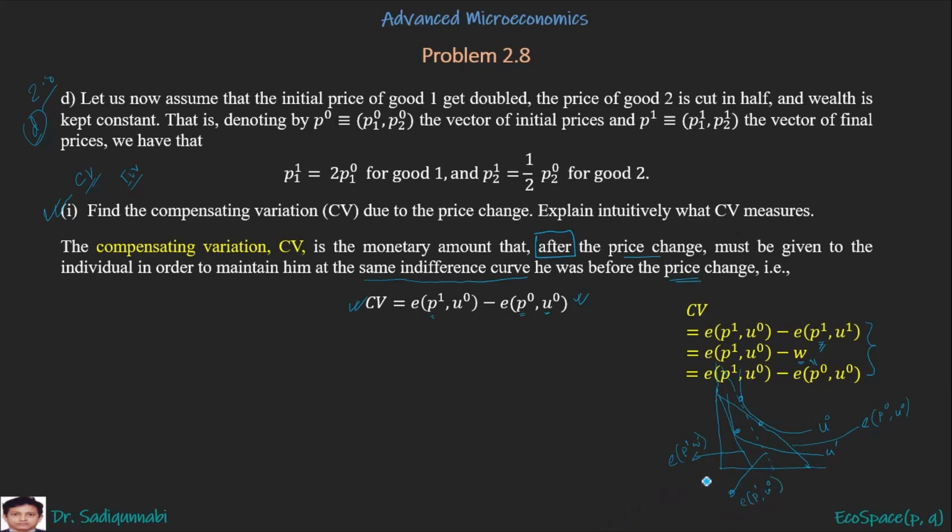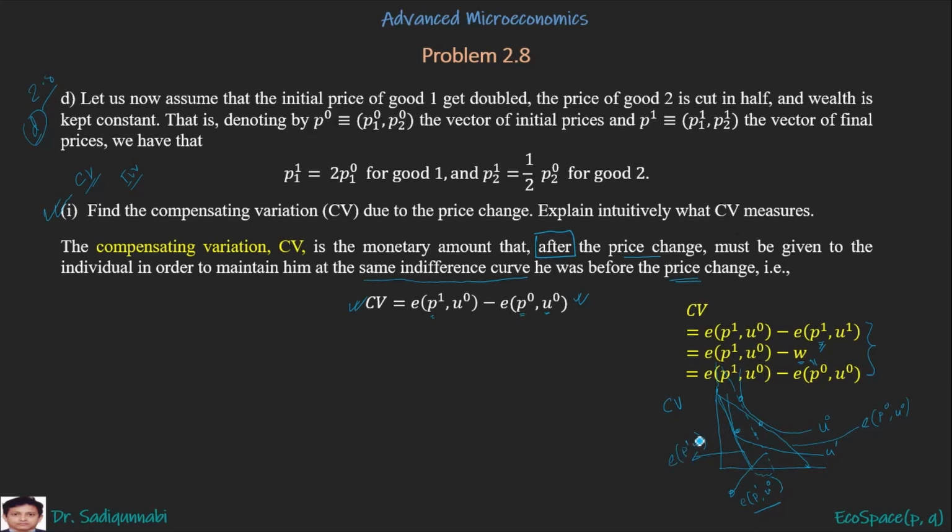So the CV is the difference, first the difference between E(P1, U0), the dashed line, minus the new budget line E(P1, U1).